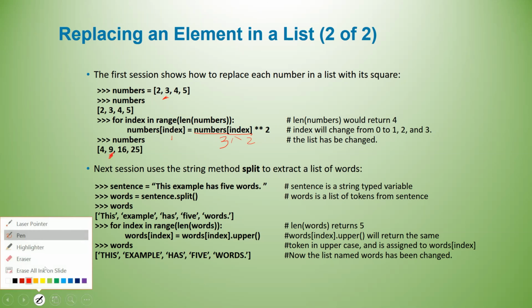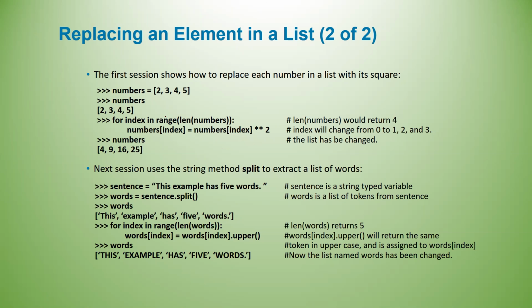And then when this becomes 2, index 2, we are talking about this position. And numbers index 2 gives you 4. 4 raised to the power of 2 gives you 16. When you print out the list, you can see it's 16.